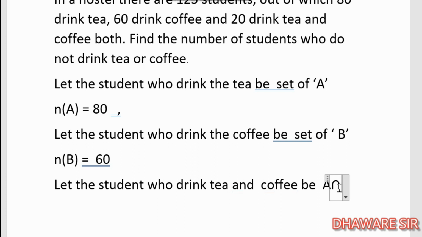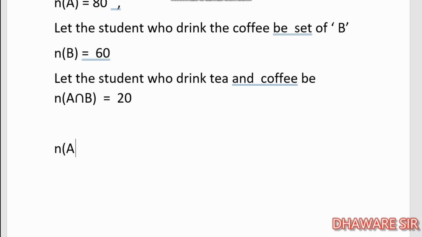A intersection B. The number of elements in A intersection B is equal to 20, the students who drink coffee as well as tea.